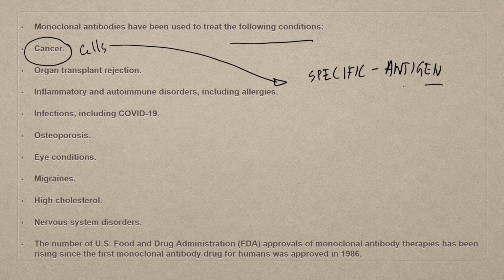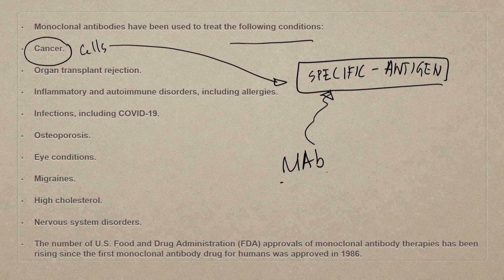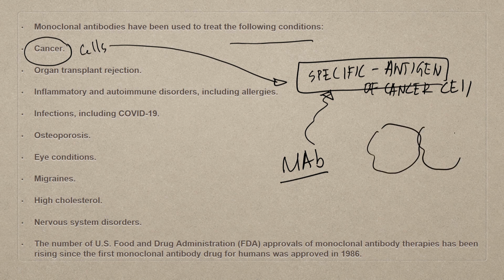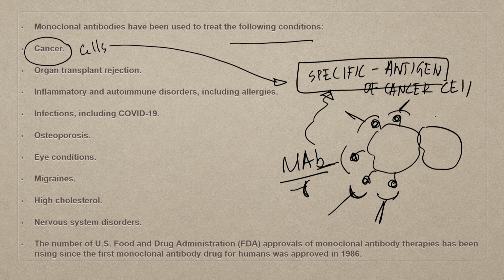If you could generate specific monoclonal antibodies against this specific antigen of the cancer cell, then these monoclonal antibodies will go and will surround these cells and will try to neutralize their effect.